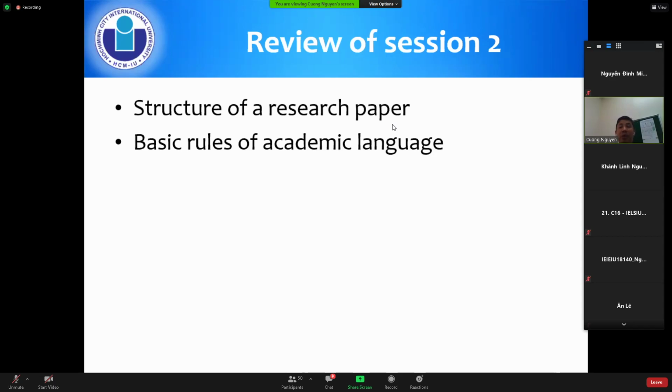So Kelly, can you give me one example of hedging words or phrases? Hedging is to express some degree of uncertainty, as well as to demonstrate politeness and indirectness.